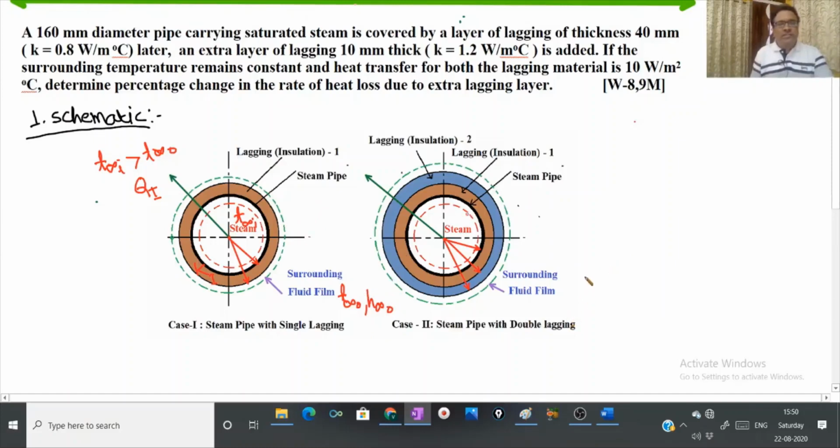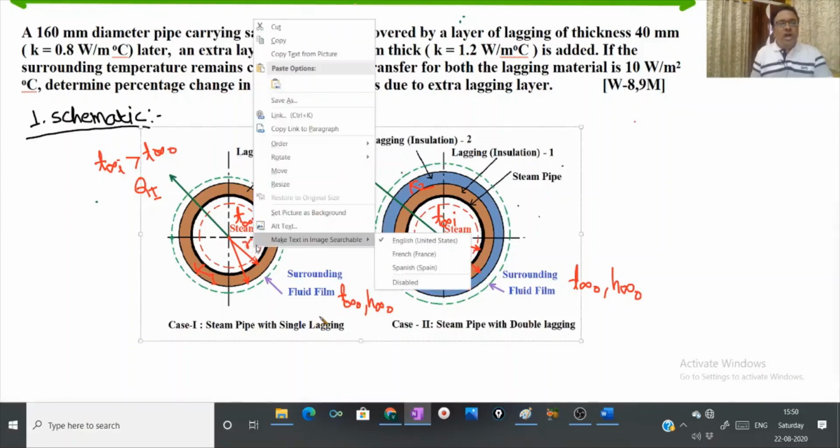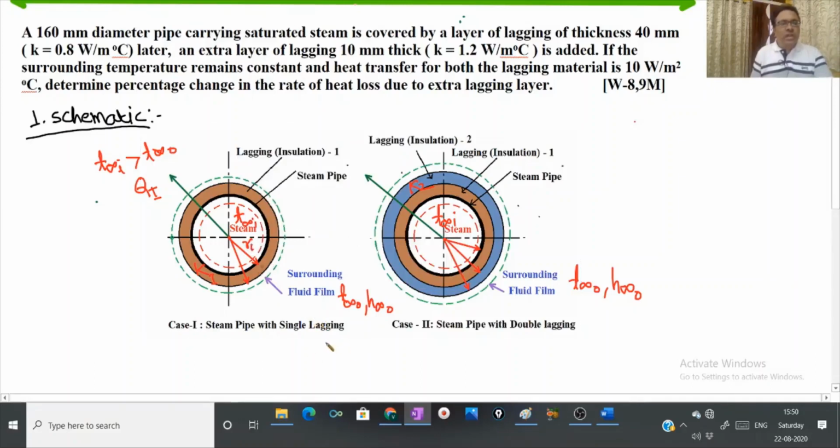Now, in the second case, the same steam pipe with lagging 1 is provided with another lagging or insulating material 2 having thermal conductivity, let's say K2, and it is exposed to the same environment having outer temperature T infinity O and convective heat transfer coefficient H infinity O. Let's say the outer radius of this steam pipe is R1, the outer radius of insulation 1 is R2, and the outer radius of insulation 2 is R3.